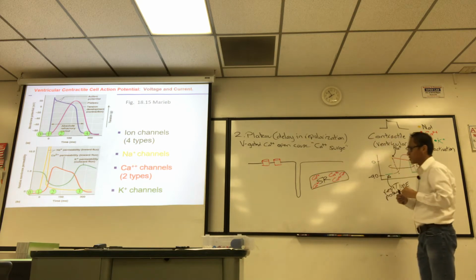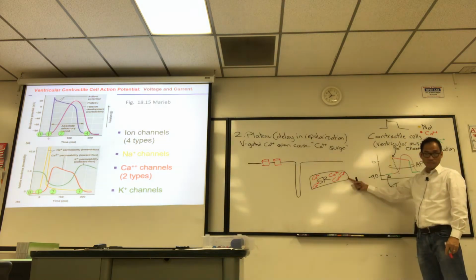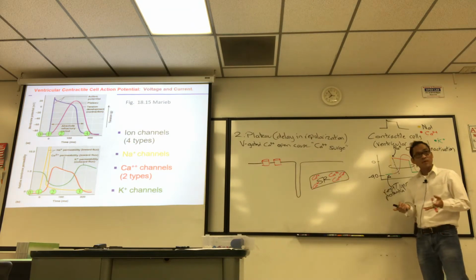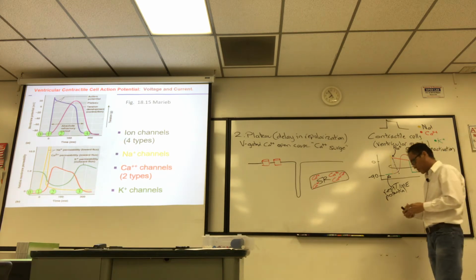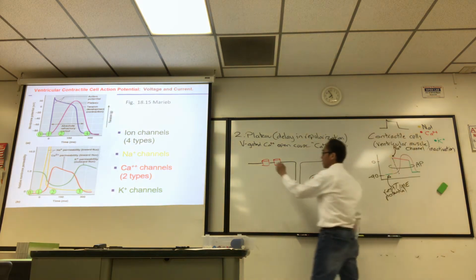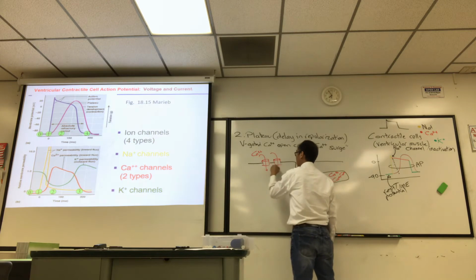Where I'm going with this is, you want to liberate this calcium. You need enough calcium for the cross-bridge cycling so the muscle can contract. How you do that is this calcium surge, or extracellular calcium, comes into the cell.